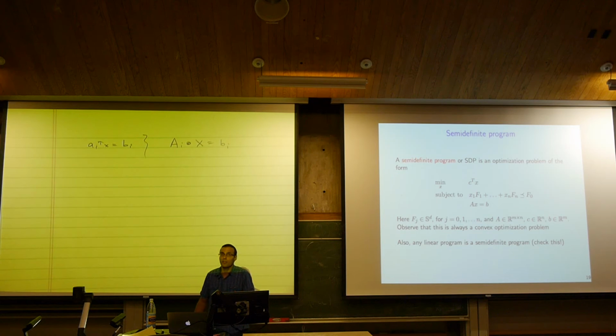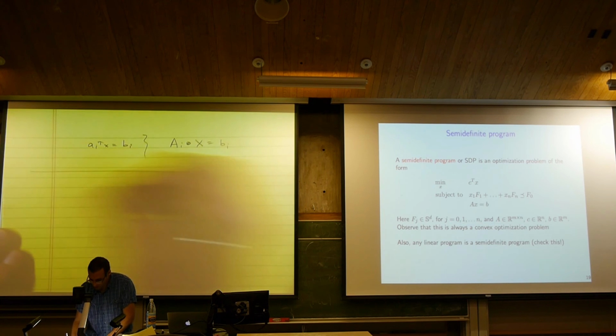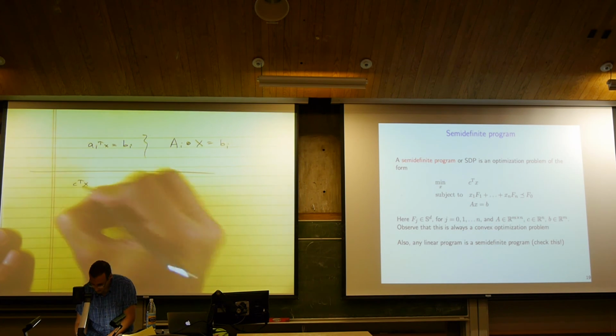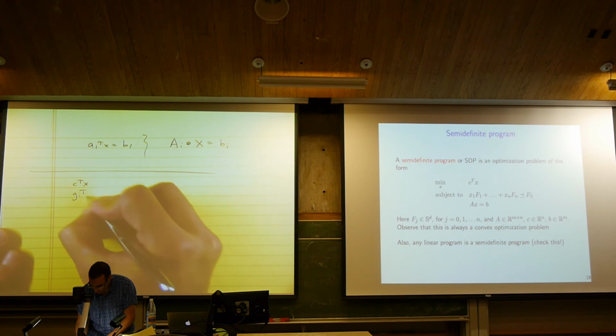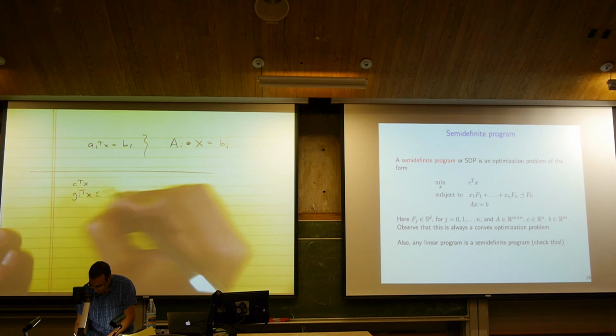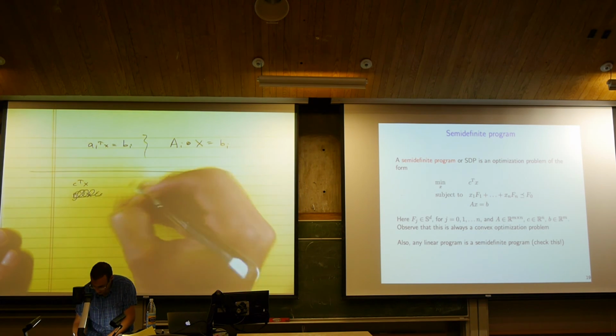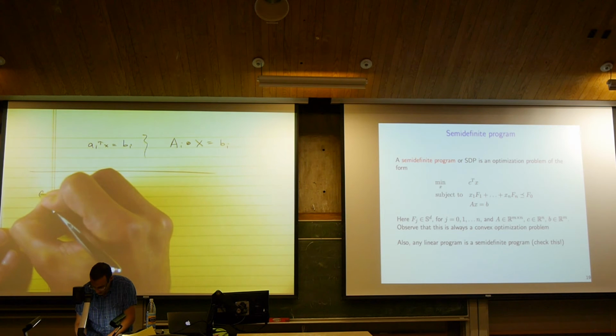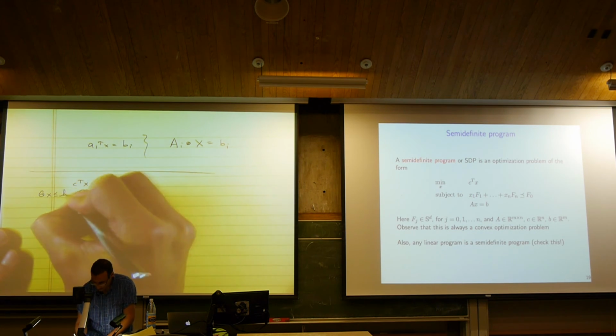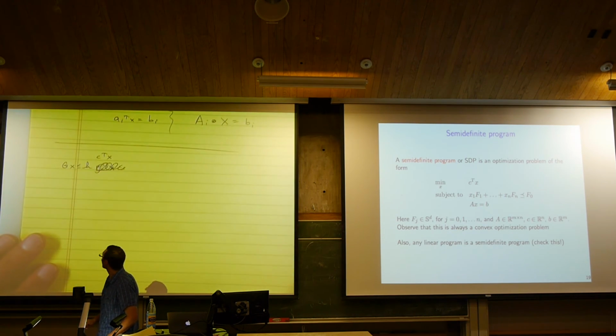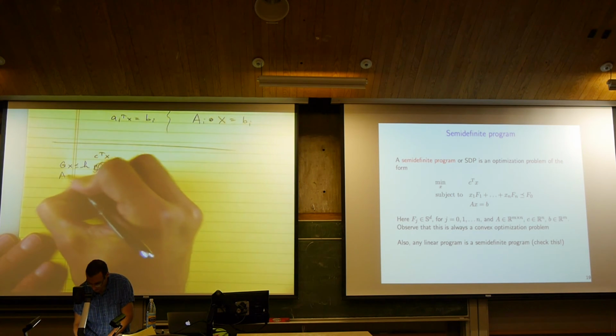This is also very natural coming from LPs, just from a different angle. Remember, in an LP we can write Gx less than or equal to h, Ax equals b.